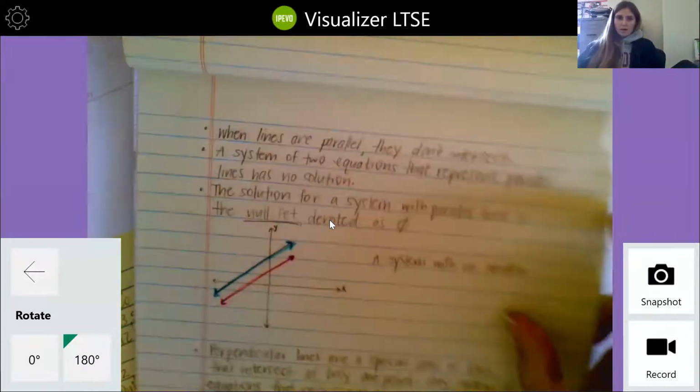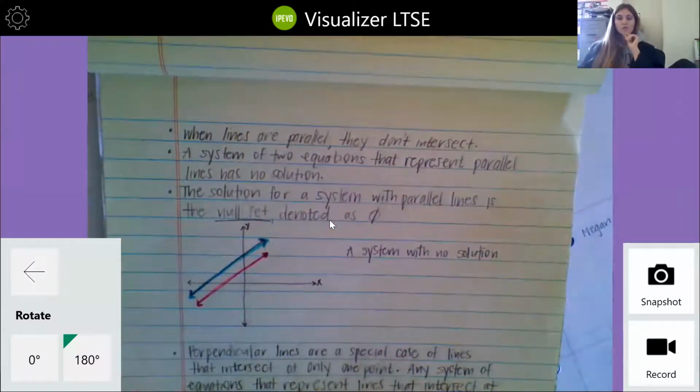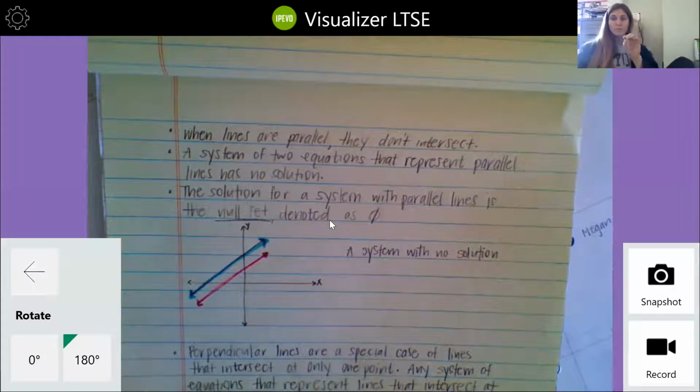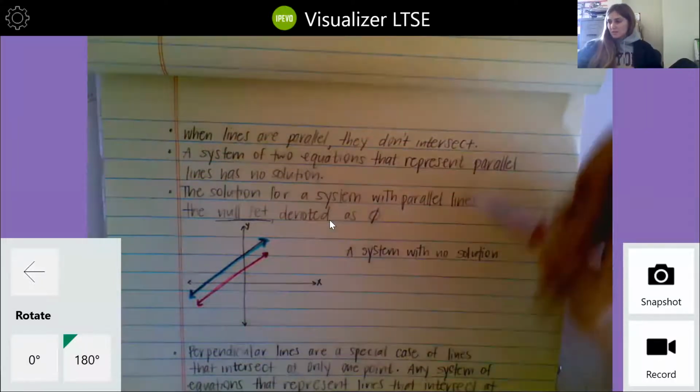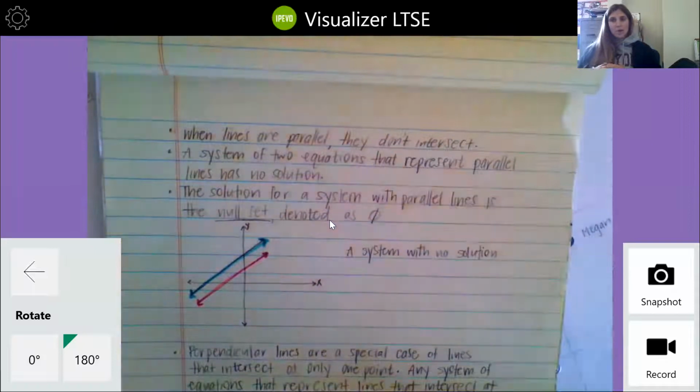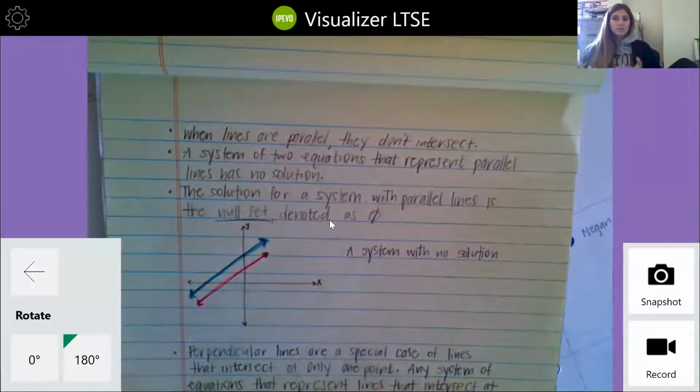So again, when lines are parallel, they don't intersect. And so a system that has two equations which represent parallel lines will have no solution. Therefore, and this is just restating this in a different way, the solution for a system with parallel lines is the null set.